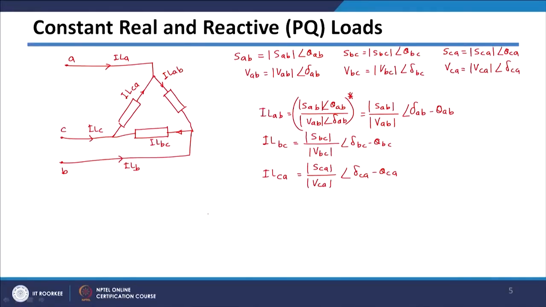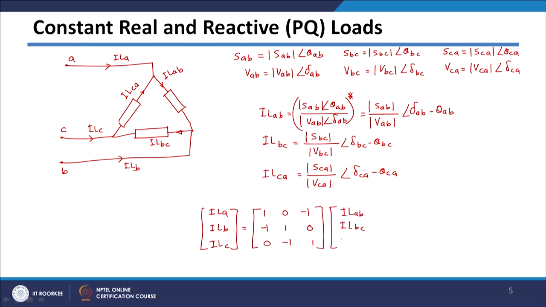So the line currents ILA, ILB and ILC will be equal to the matrix [1 0 -1; -1 1 0; 0 -1 1] times your delta currents ILAB, ILBC and ILCA.